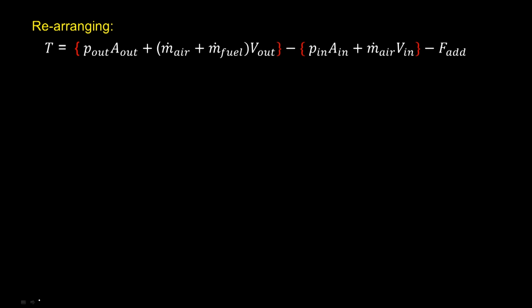Now, if we rearrange this equation, we leave the thrust T on the left hand side, because that's what we're trying to find, and we've arranged all the terms associated with the outflow together, inside the red brackets, and then all the terms associated with the inflow together as well, and then we have the additive drag as our extra term.